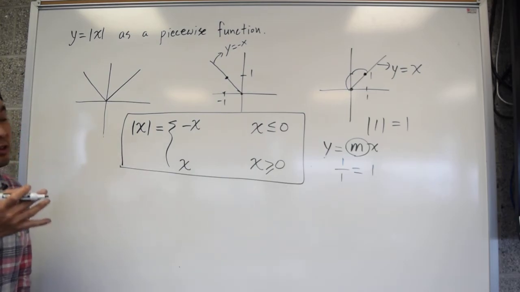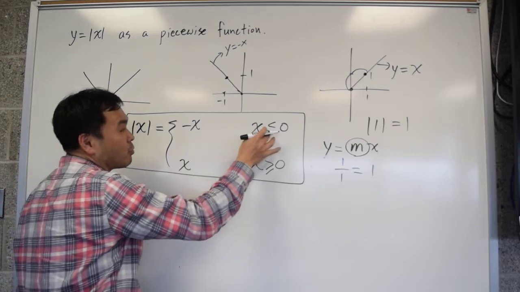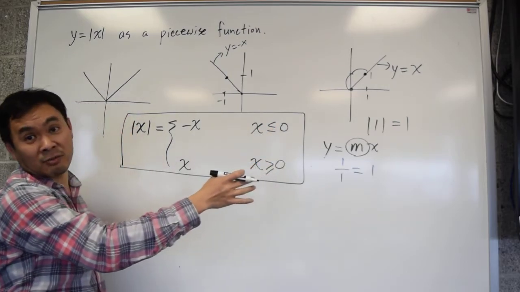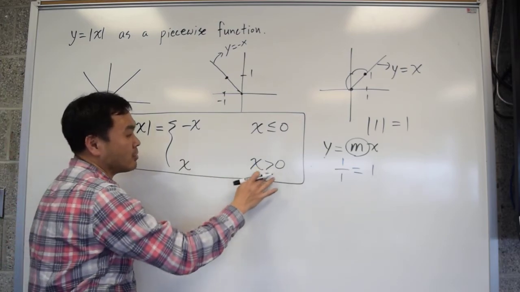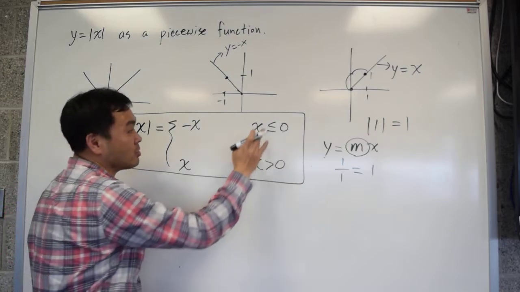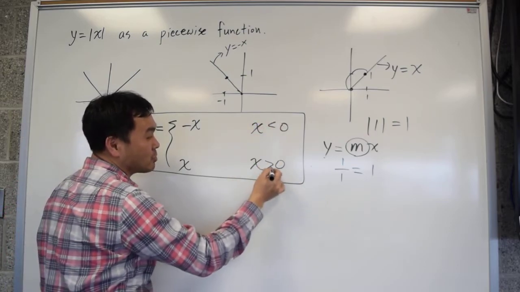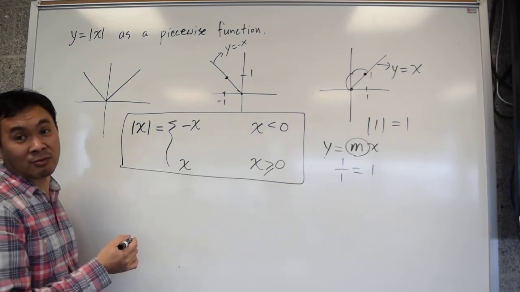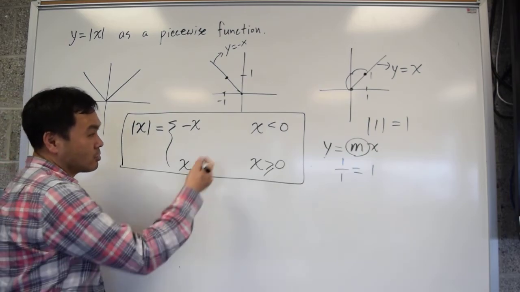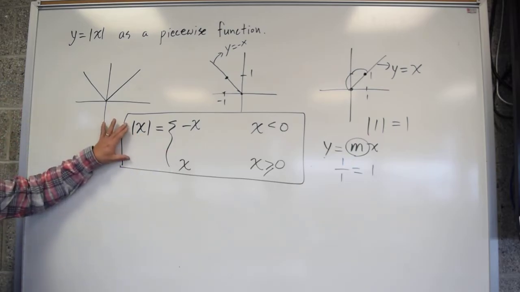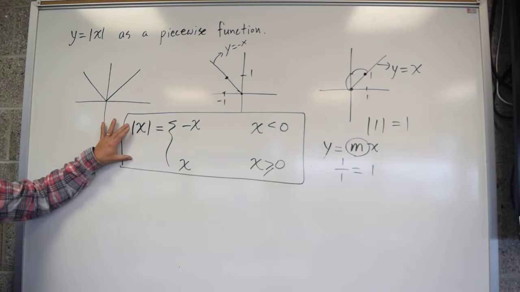But usually, if you have one of them including that value, you want to exclude that value in the other definition. So I wrote it like this, right? But if you wanted, you could delete the equal sign here and put the equal sign here. Okay, so that'll be another way to write down the definition. Okay, yeah. So this is fine too. All right, so let's go with this. That's also fine. So that's the definition of the absolute value function.